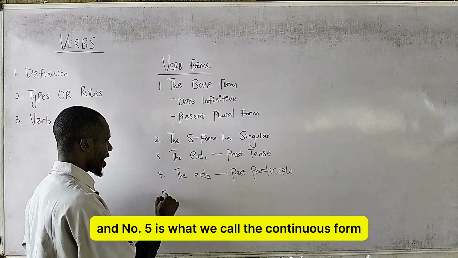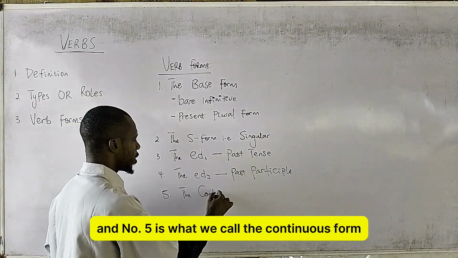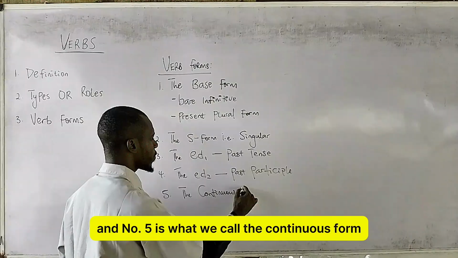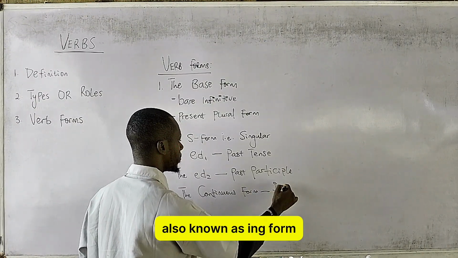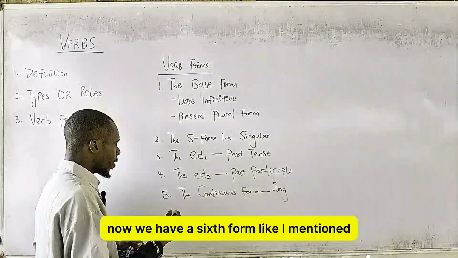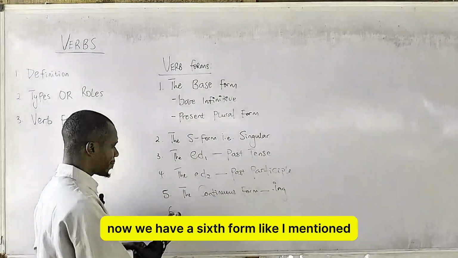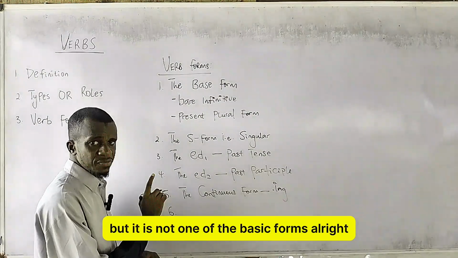And number 5 is what we call the continuous form, also known as ing form. Now we have a 6th form, but it is not one of the basic forms.